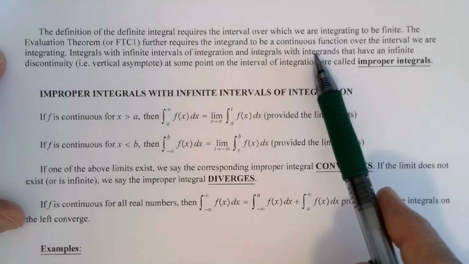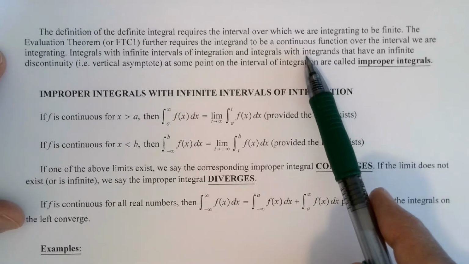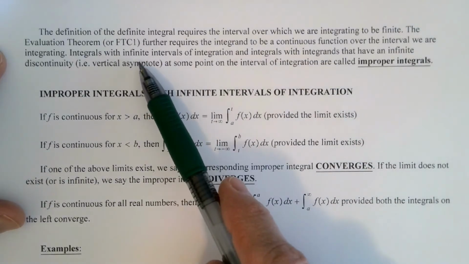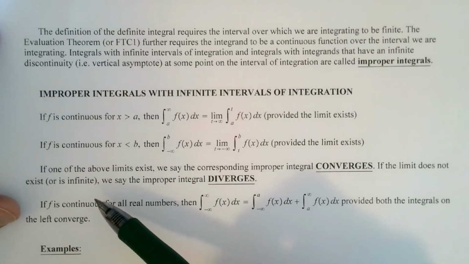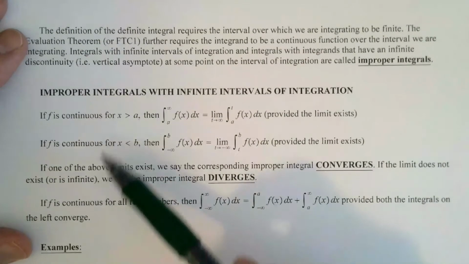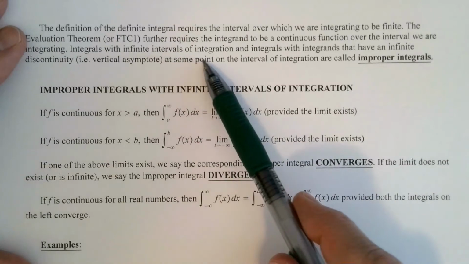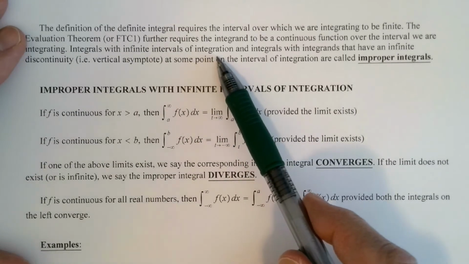And also, it requires the integrand that we're integrating to be a continuous function over the interval. Now, we can integrate some discontinuous functions, but not ones with infinite discontinuities or vertical asymptotes, as we'll see here. So integrals that have infinite intervals of integration, you might say, where would you have an infinite interval of integration?